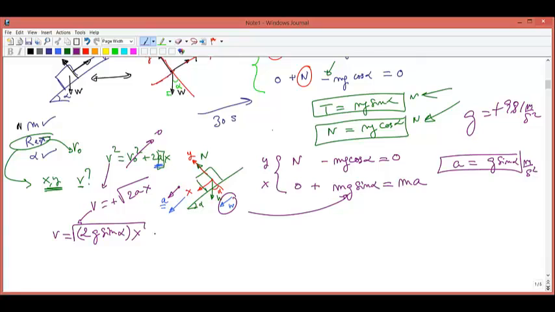But then the last step is to be careful. Do we know everything? Well, we know g, that's 9.8. We know alpha, that's, I don't know what that is, 35. But what is x? Well, x must be consistent with the current system.